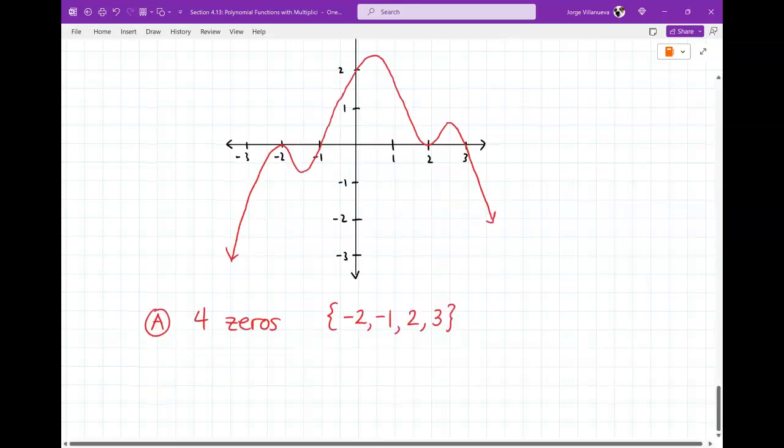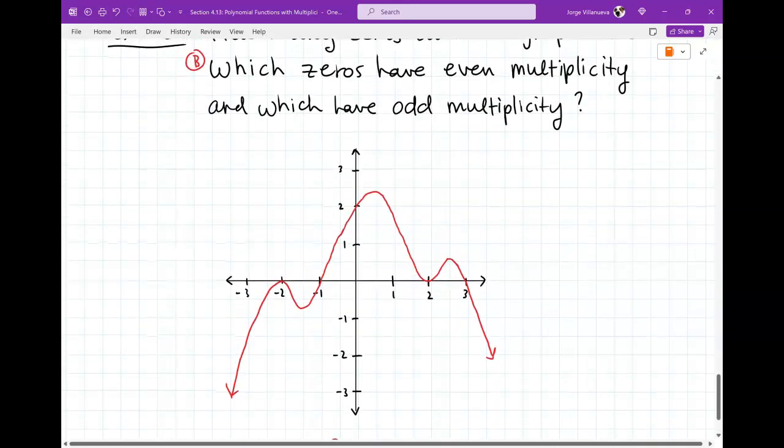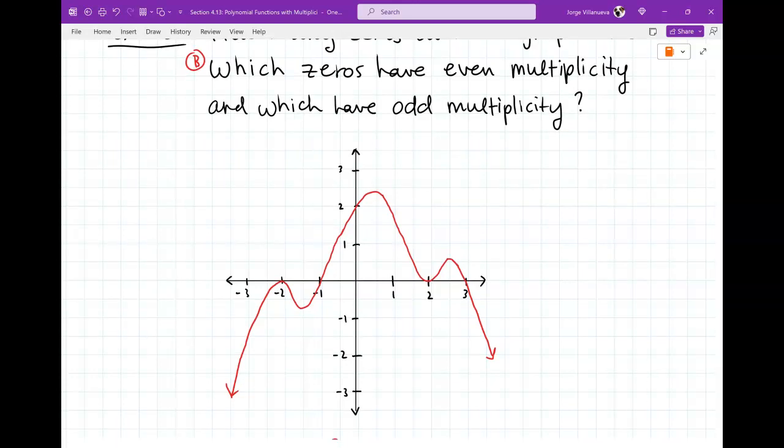Now, part B, let me just put B right here, asks me the following questions. Which zeros have even multiplicity, and which ones have odd multiplicity? So let's talk about the even ones. Which ones are even? The negative 2, how do you know? Because if you look at the graph, look, it bounced back, right? It didn't go through, it bounced back. So negative 2 is one of them.